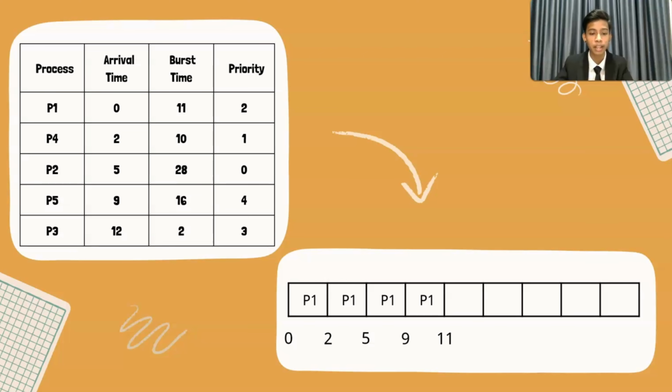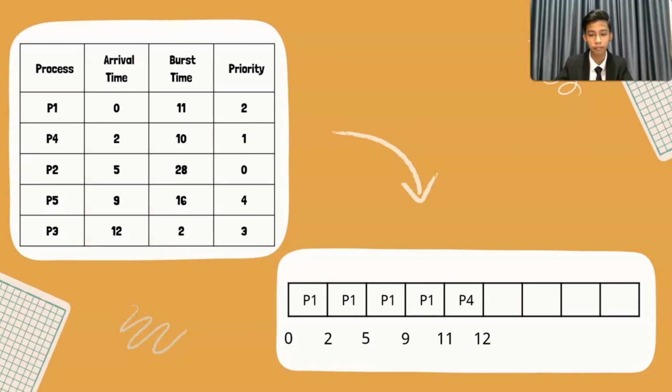Now that P1 has finished, the system looks at the remaining processes, which are P4, P2, and P5, with burst times of 10, 28, and 16. Therefore, P4 has the shortest burst time, so it starts executing at time 11.